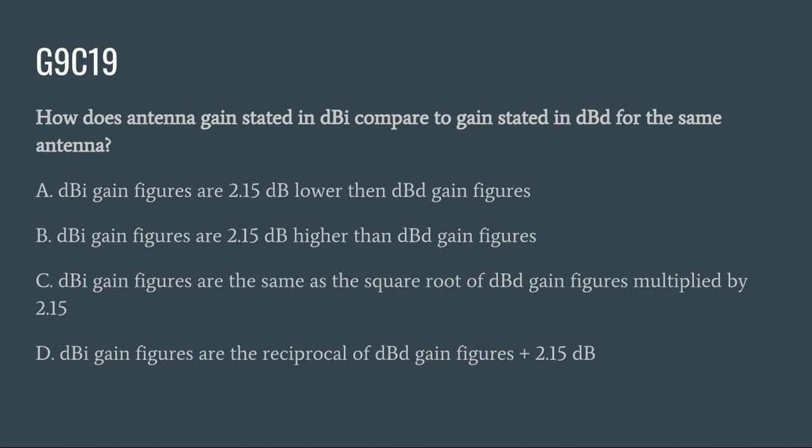C. dBi gain figures are the same as the square root of dBd gain figures multiplied by 2.15. Or D. dBi gain figures are the reciprocal of dBd gain figures plus 2.15 dB. Correct answer here is going to be B. dBi gain figures are 2.15 dB higher than dBd gain figures.